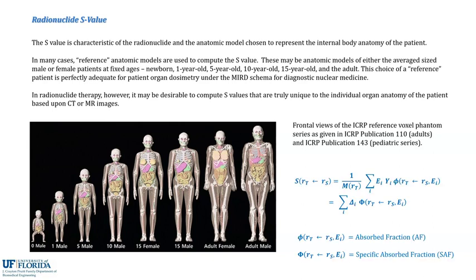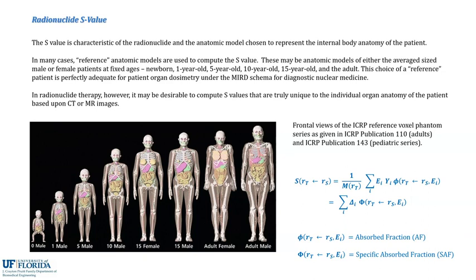The radionuclide S value is given by this equation, so you can see it immediately. You need a decay scheme. You need the energies and yields of all the different radiation components from the radionuclide. And this small phi is what we call the absorbed fraction: what fraction of emitted energy in the source region is deposited in the target region per emission of that type.